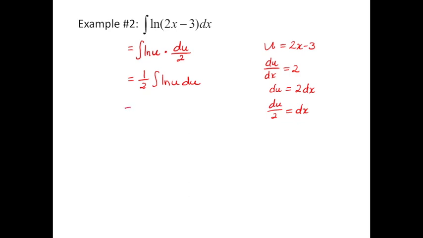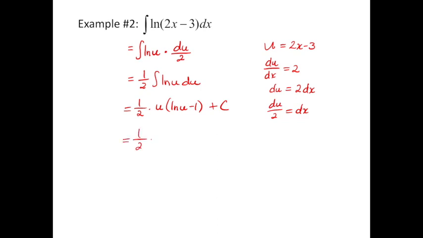So now, integrating, we have 1/2 times the integral of ln of u, which is u times the ln of u minus 1 in brackets, plus our integration constant c. And now we'll replace the u with our original 2x minus 3, so we have to replace that in both of the u's.